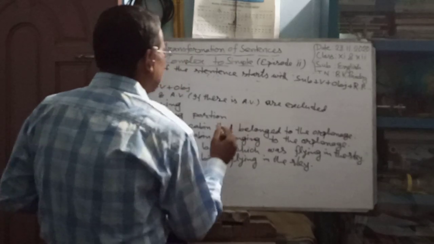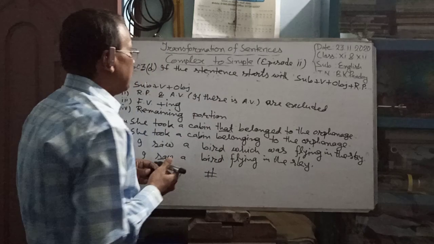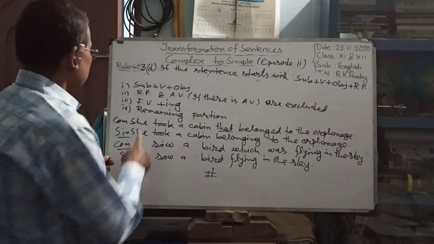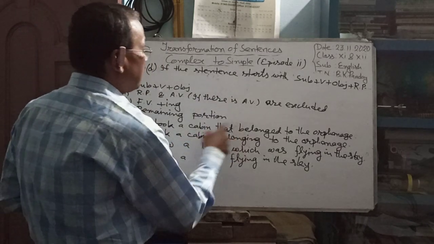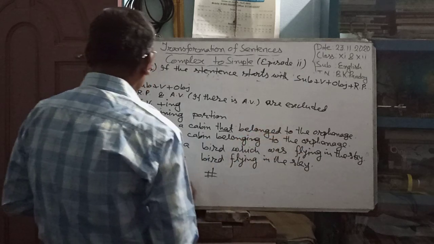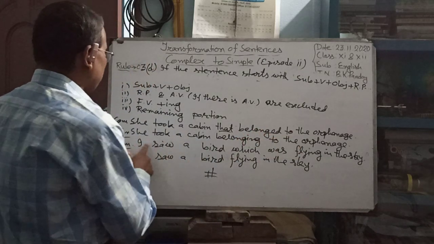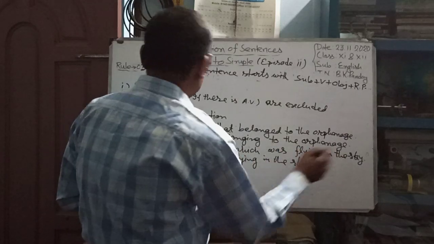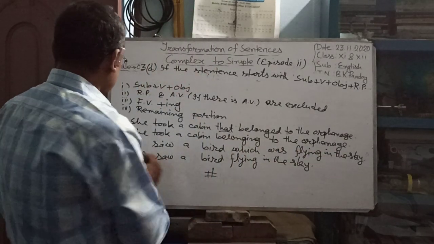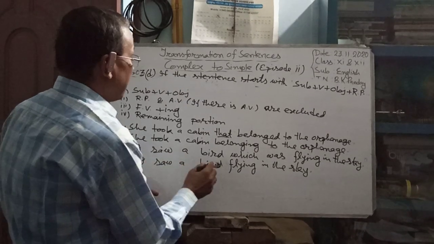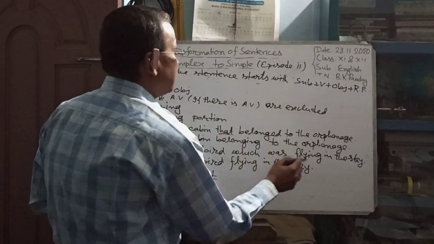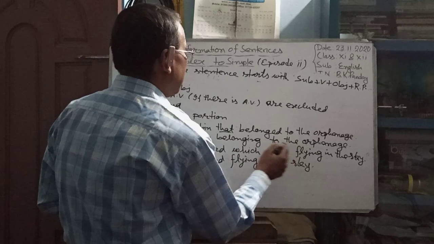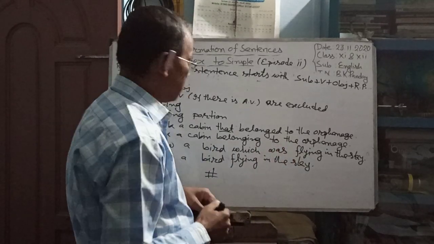Here, that is a relative pronoun. So, she took a cabin belonging to the orphanage. Another example, I saw a bird which was flying in the sky. Here, simple form, I saw a bird flying in the sky. Here, which and was are excluded.